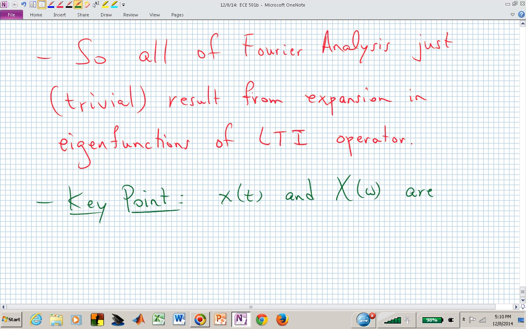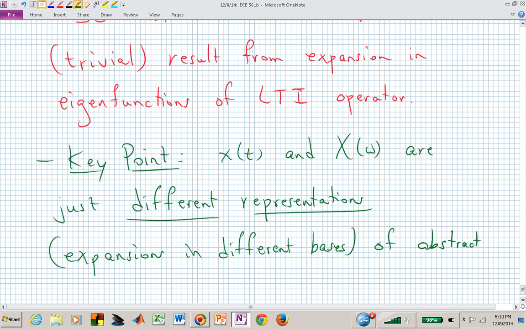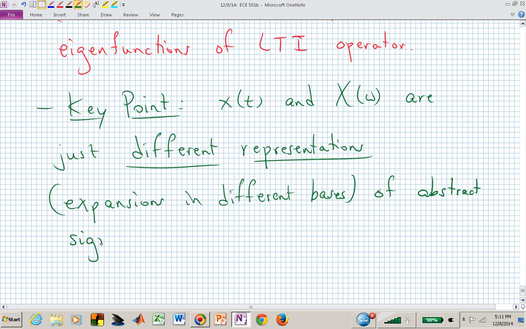Little x of t and capital X of omega are just different representations or expansions in different bases, of, let's say, this abstract signal x.